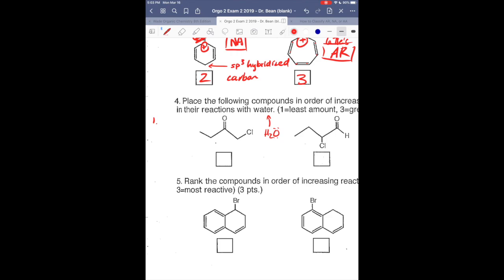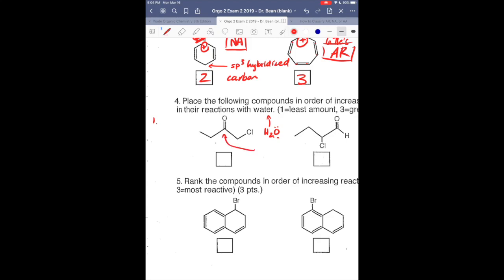What do you guys think could be those two factors to figure out how reactive that carbonyl carbon is in order for an H2O to come and attack it? Could be an H2O under acidic conditions, could be an OH minus under basic catalyzed conditions. But regardless, we're just talking about its susceptibility to nucleophilic attack right there.